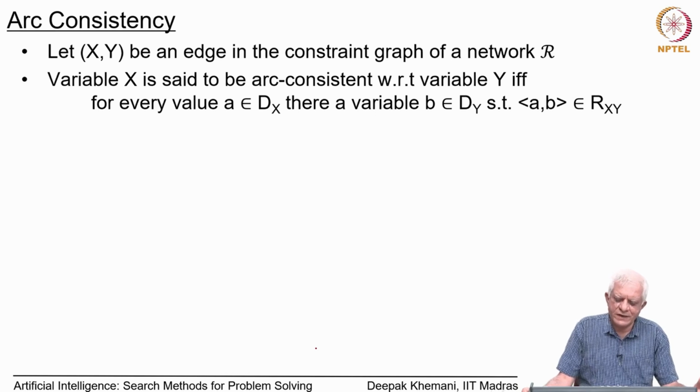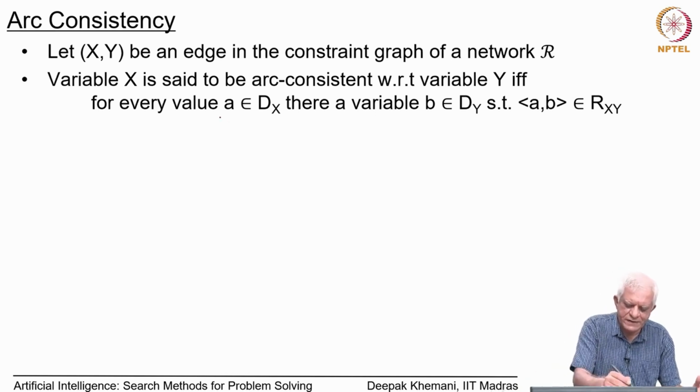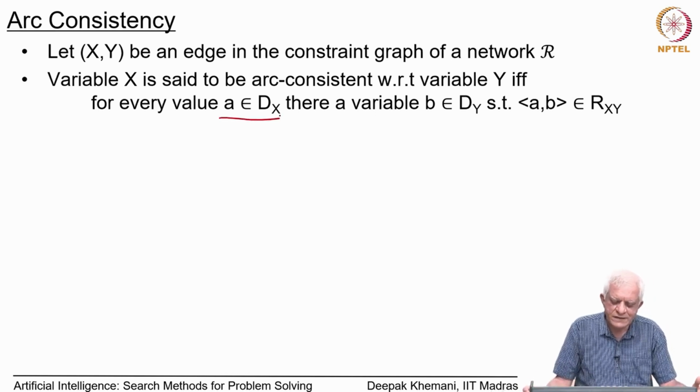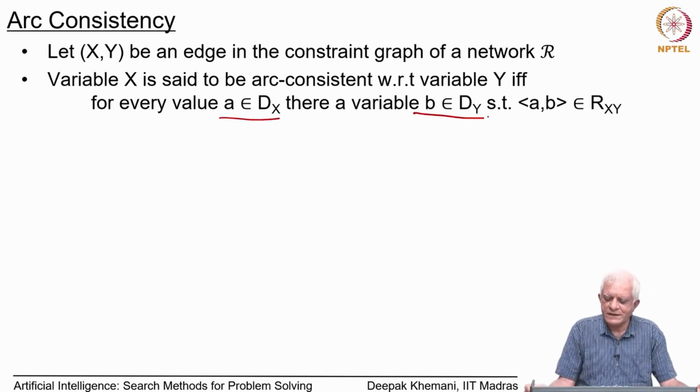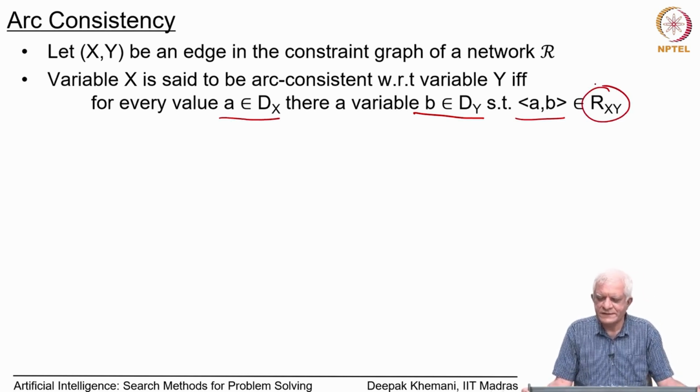If for every value a in d of x, the domain of x, there is a value b in d of y such that this tuple belongs to the relation between the two variables x and y. Remember that a constraint graph represents relations essentially. An edge says that x is related to y. So, if for every value a in d of x there is a value b in d of y, it can be the same value, it does not matter.